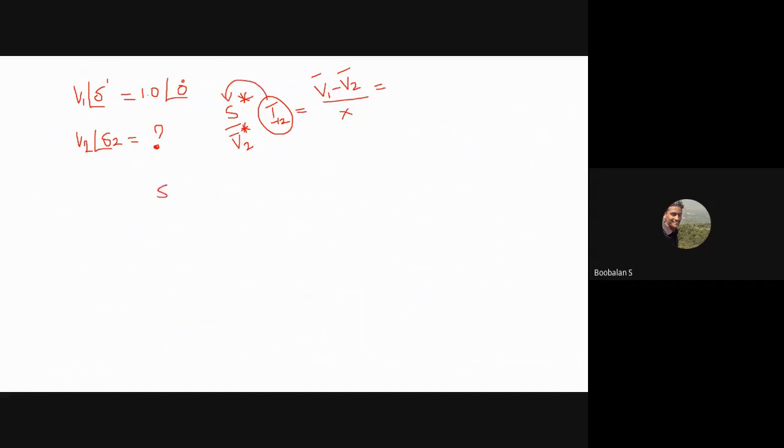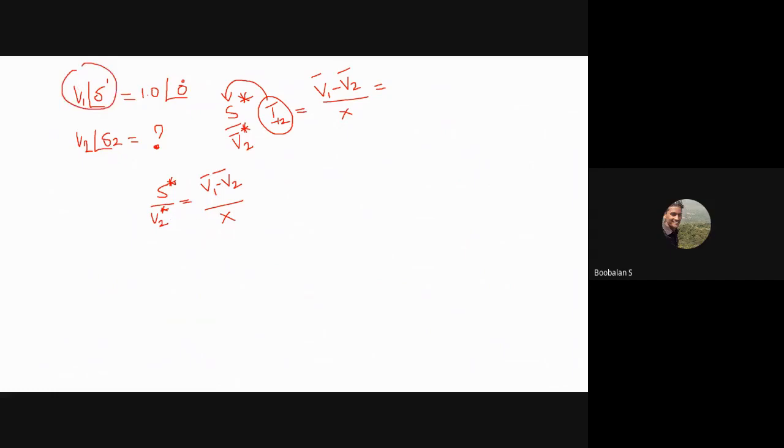So the entire formula is S complex conjugate divided by v2 complex conjugate equals v1 minus v2 divided by impedance.